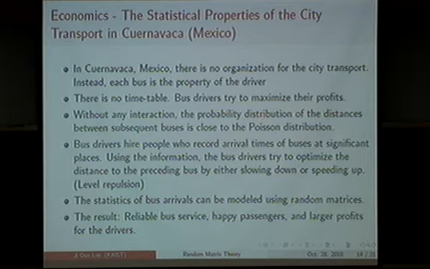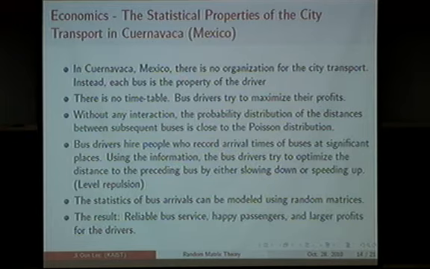But to maximize the profits, the bus drivers hire people who record arrival times of buses at significant places. They have some spots, and they put people in the spots, and they record the timetables of the buses. Using that information, the bus drivers try to optimize the distance.